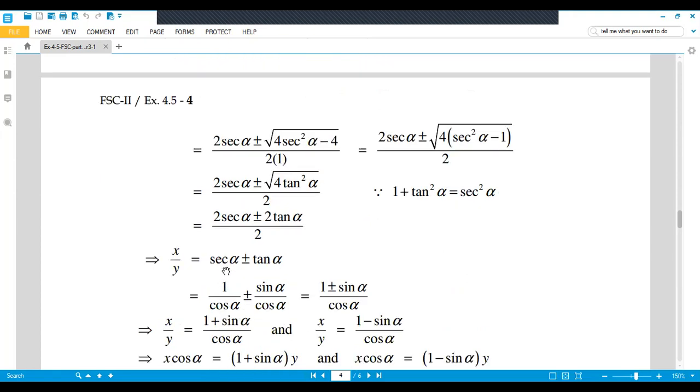Now secant alpha is 1 over cos alpha, plus minus sine alpha over cos alpha, and when we take LCM, it is 1 plus minus sine alpha divided by cos alpha. 1 plus sine with a positive sign and the other with a negative sign.